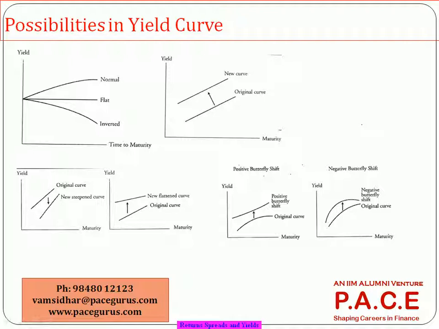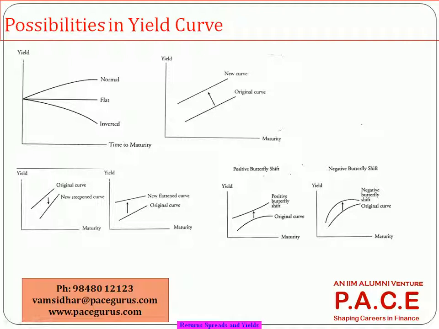In some cases that may happen, in some cases that may not. If all the securities across all maturities respond by the same 0.5%, we call it a parallel shift. The whole yield curve is shifted parallelly by 0.5% in the upward direction, because a yield curve, by definition, is the interest rates corresponding to different maturities. So all of the maturities shifting by 0.5% in the upward direction results in a parallel shift, whereas most of the times we don't get a parallel shift.